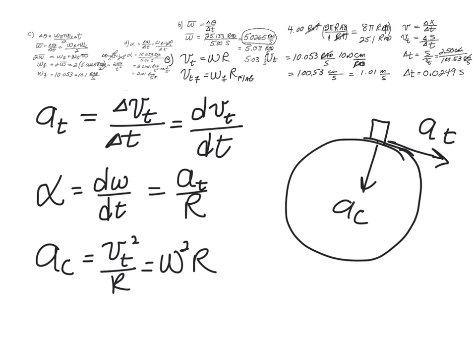So the instantaneous would be the derivative, dv/dt. Similarly, the angular acceleration, the rate at which the angular velocity is changing, would be d omega/dt. It's also related to this through the radius of the circle, so it would be a_t divided by r. And finally, the centripetal is the acceleration toward the center, and that's the tangential velocity squared over r, or omega squared times r.